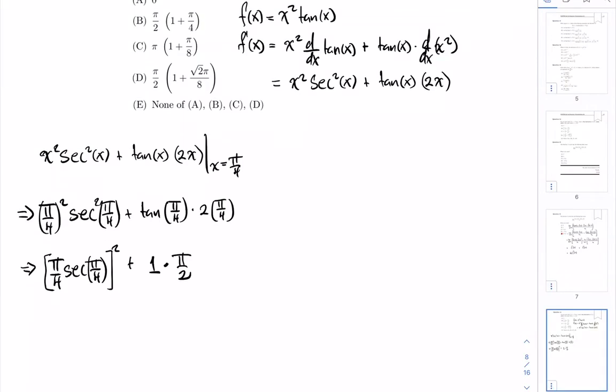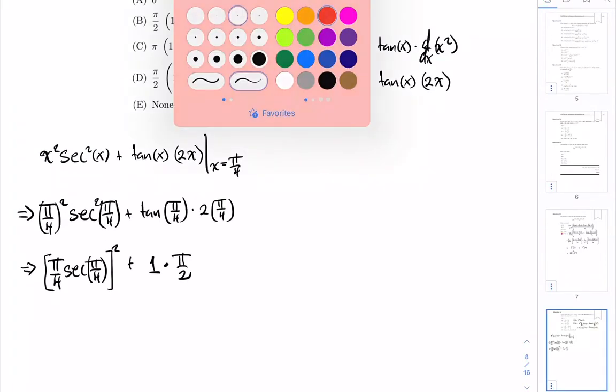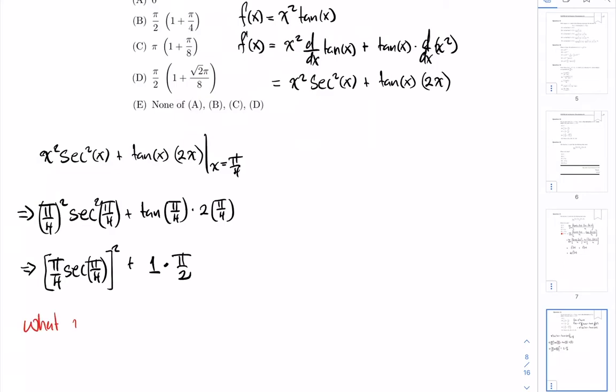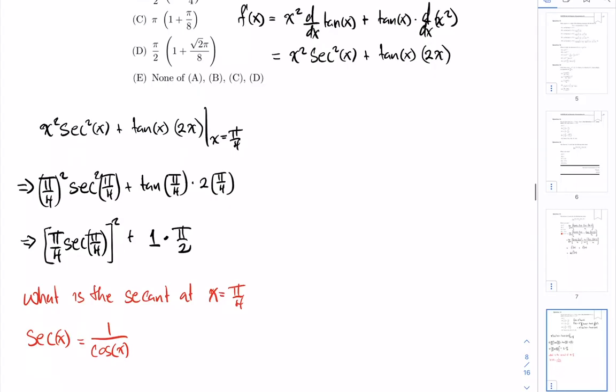Now we need to figure out what the secant is at x equals pi over 4. Recall that the secant function of x is equal to 1 over the cosine of x. So the secant evaluated at pi over 4 is 1 over cosine of pi over 4.